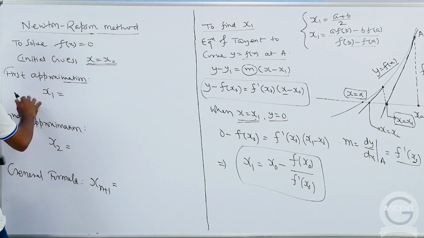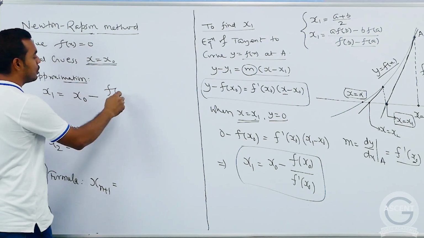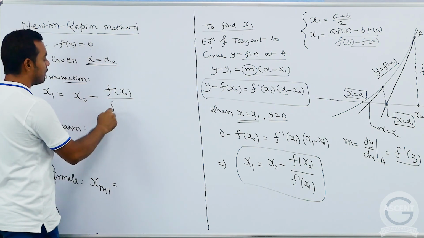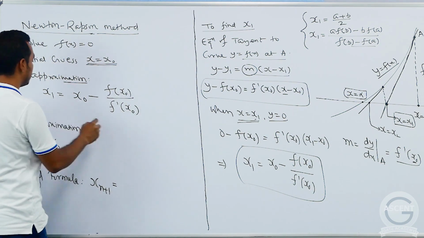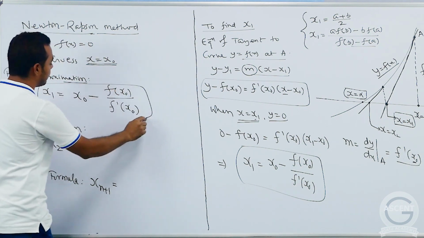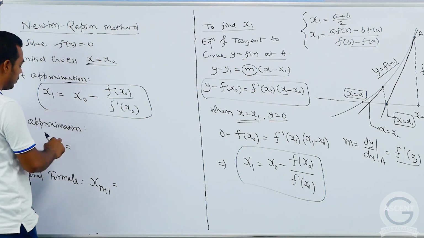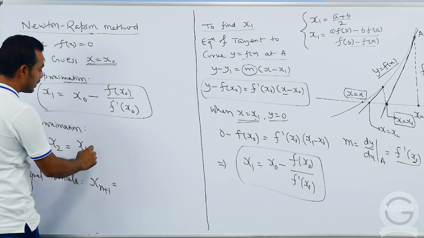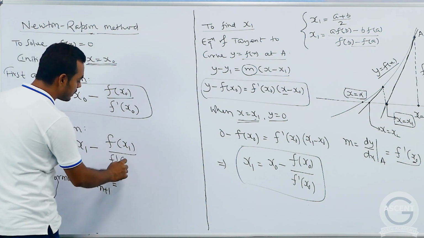So the formula for the first approximation, which you have to remember, is x0 minus f(x0) divided by f'(x0). Now for the second approximation x2, you have to replace this 0 by 1, so we'll get x1 minus f(x1) divided by f'(x1).